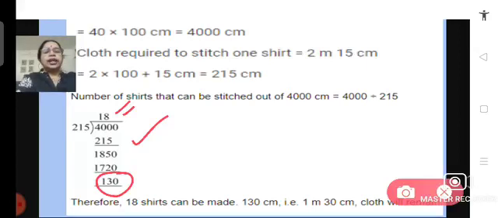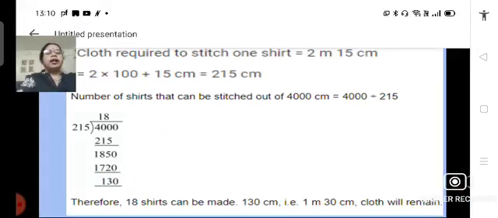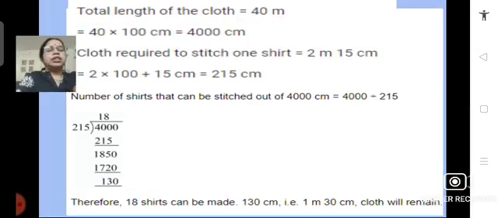What will be the cloth that will remain? It will be 130 centimeters. So 18 shirts can be made and 130 centimeters, that means 1 meter 30 centimeters of cloth, will remain unused.